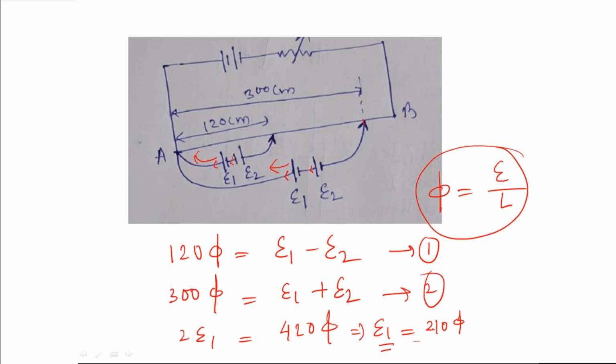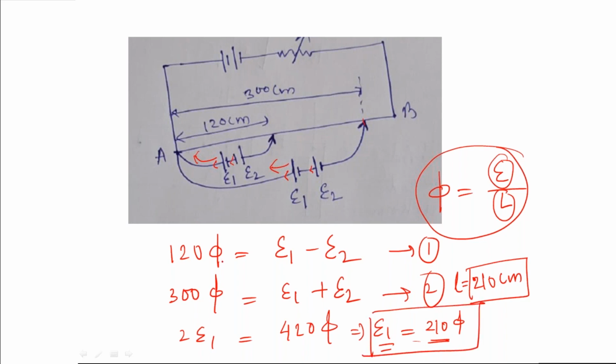Potential gradient into length will be the EMF, so if you use only cell 1, you would get the null condition at 210 centimeters of the potentiometer wire. This answered the second part of the question.